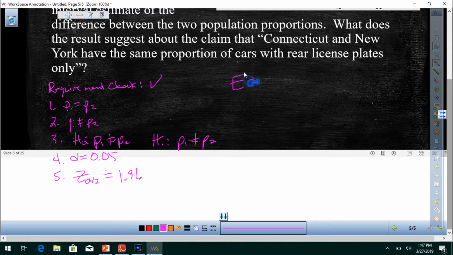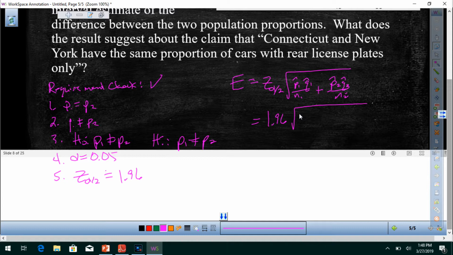E is z sub alpha divided by 2 times the square root of p hat sub 1 times q hat sub 1 over n sub 1 plus p hat sub 2 times q hat sub 2 over n sub 2. So that's going to give us 1.96 times the square root.